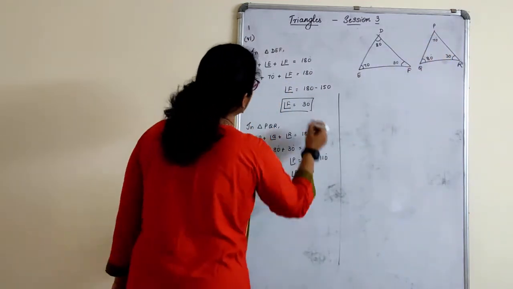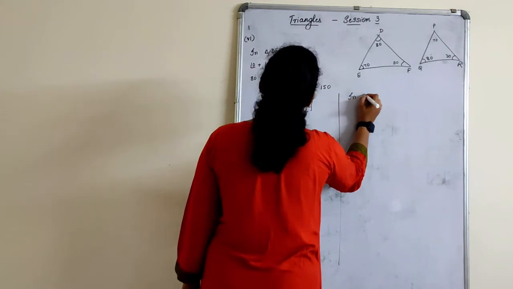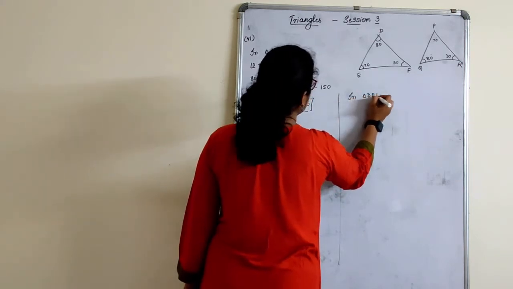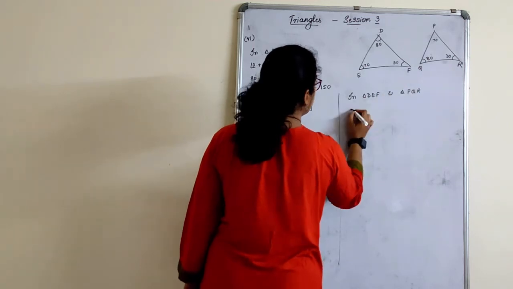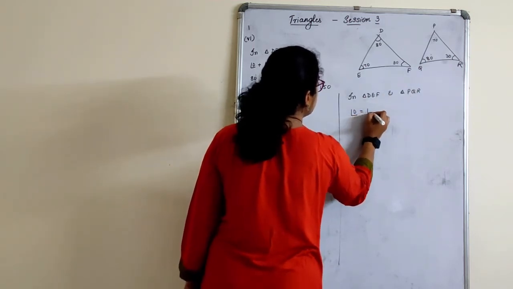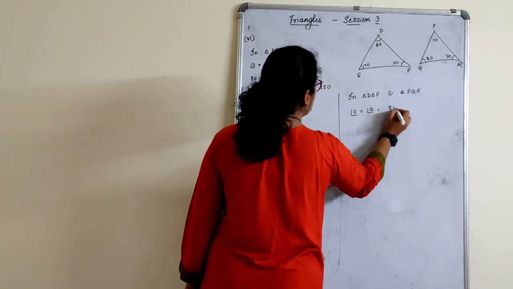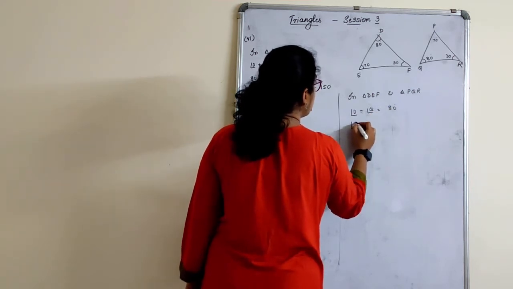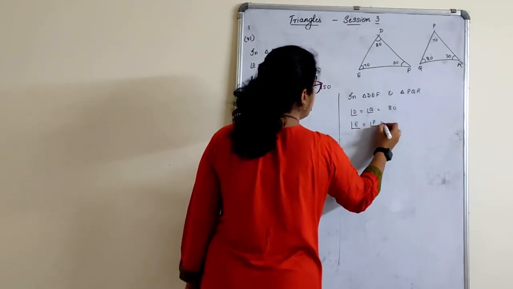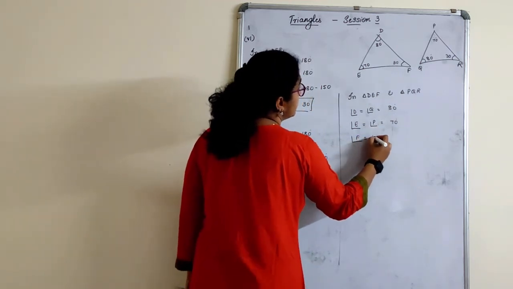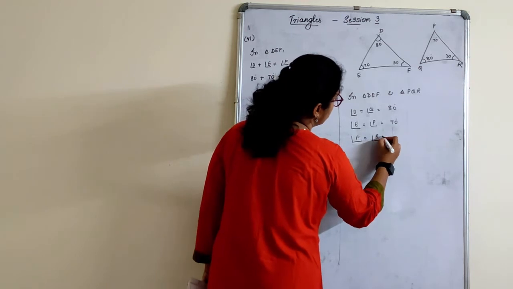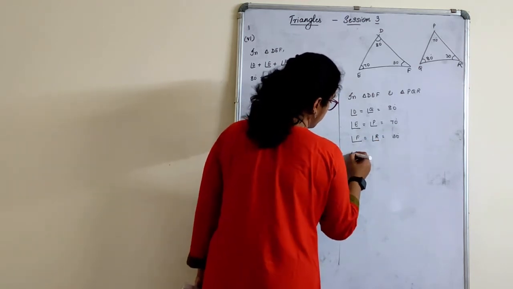Write down here. So again we will write, in triangle DEF and triangle PQR, angle D is equal to angle Q is equal to 80. Angle E is equal to angle P is equal to 70. And last, angle F is equal to angle R is equal to 30.